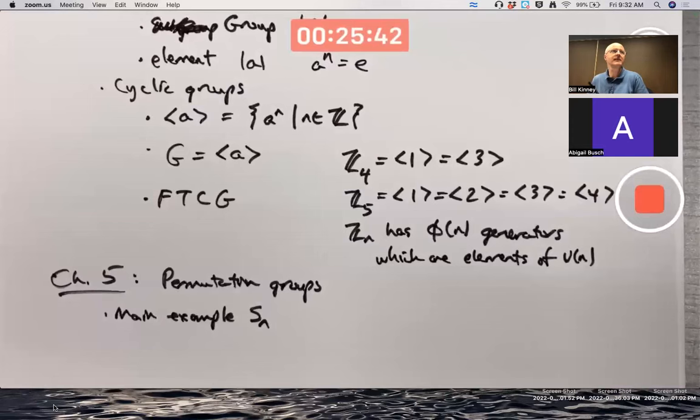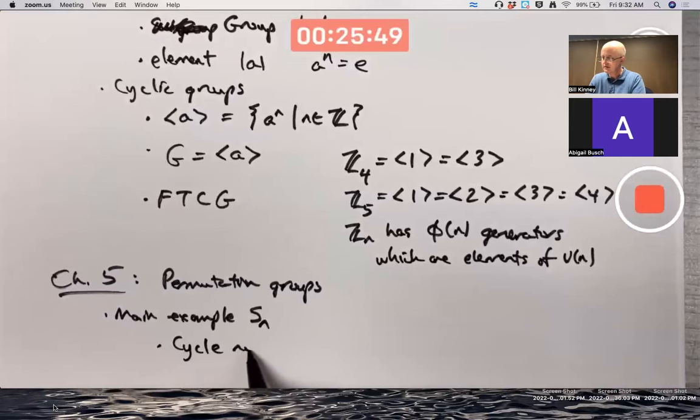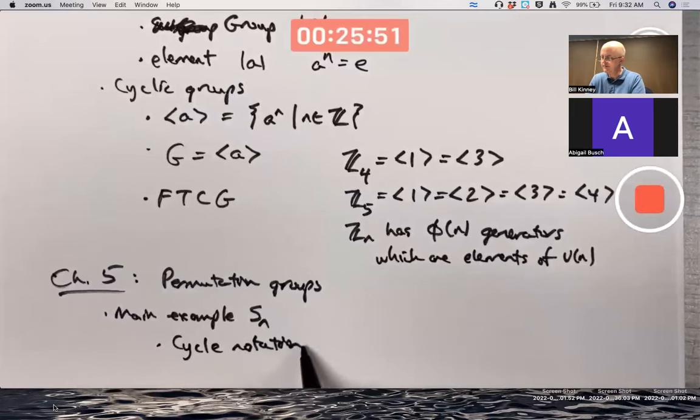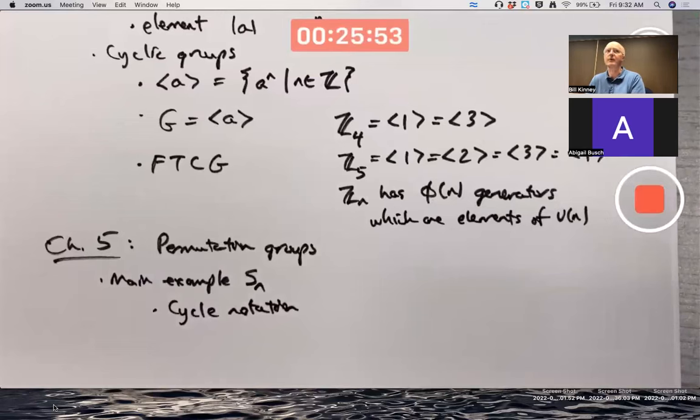And we write them in either array notation or mostly cycle notation. There are very fundamental facts to know. Well, first, make sure you understand cycle notation.